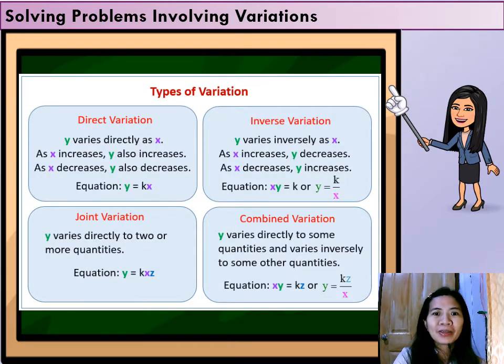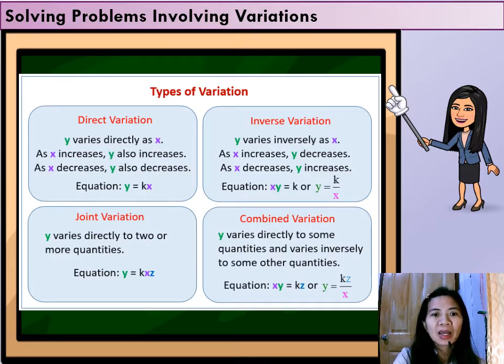Okay, prior to this, we'll discuss the four types of variations. So what are the four types of variations? We have direct variation, inverse variation, joint variation, and combined variation. So what is direct variation? In a mathematical statement, it says that y varies directly as x.